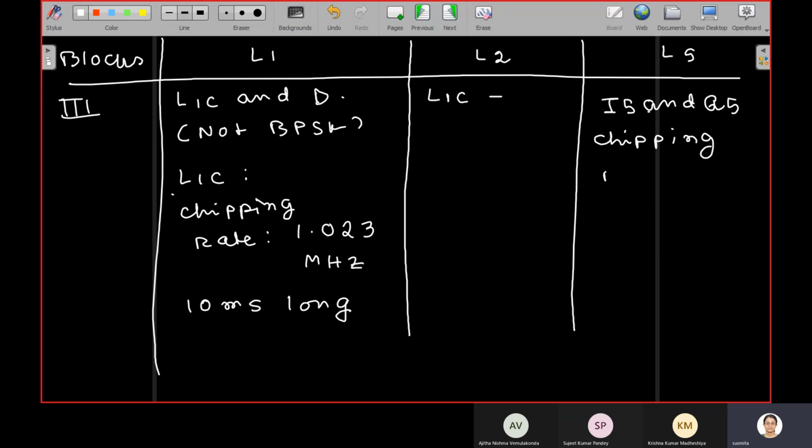Chipping rate is 10.23 megahertz, just like P code, and they are 1 millisecond long, just like CA code. So these are all the different codes and data that they have added.